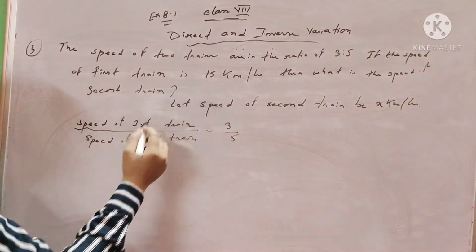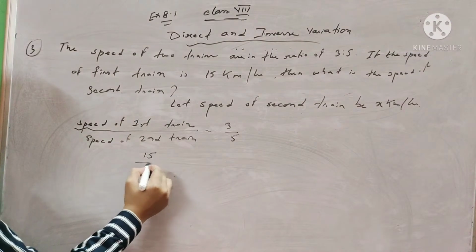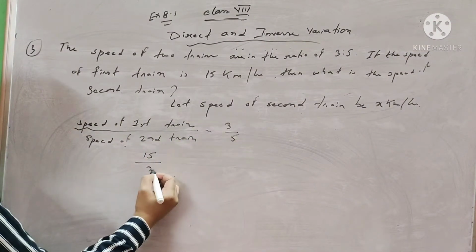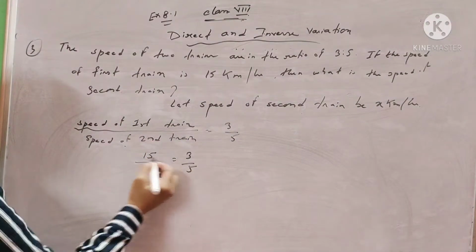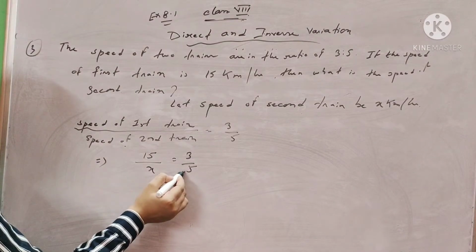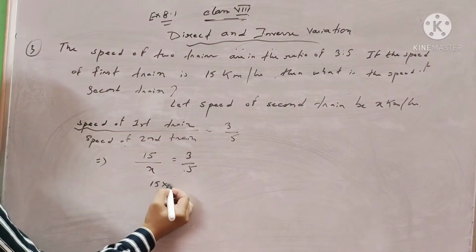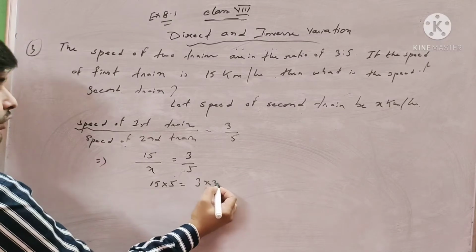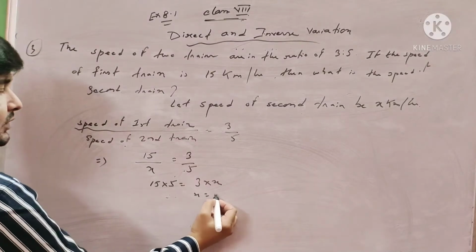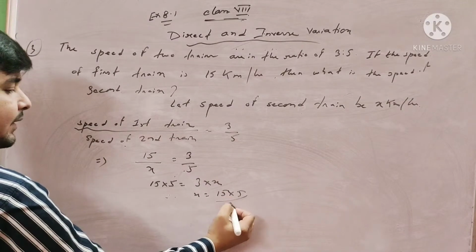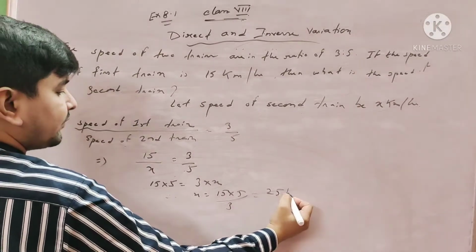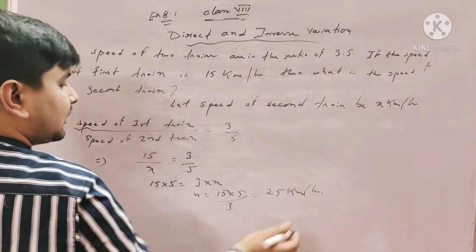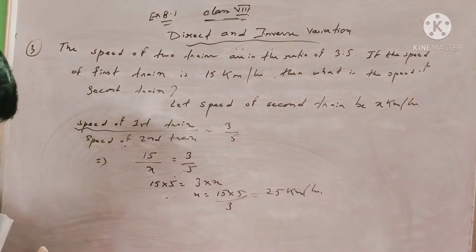So the speed of the first train in the question is given as 15 and the speed of the second train we let x. So 15 upon x equals 3 upon 5. When you cross multiply, 15 into 5 equals 3 into x. Therefore x equals 15 into 5 by 3, that is 25 km/h. Clear? Note.